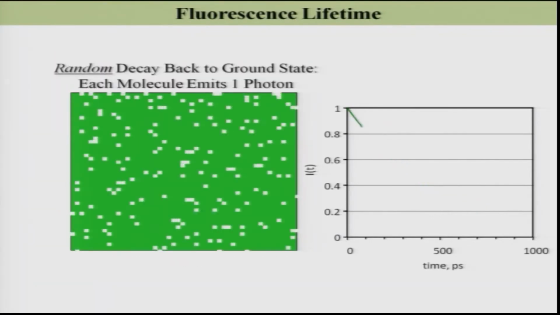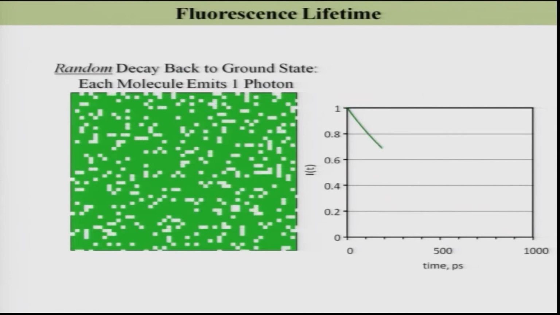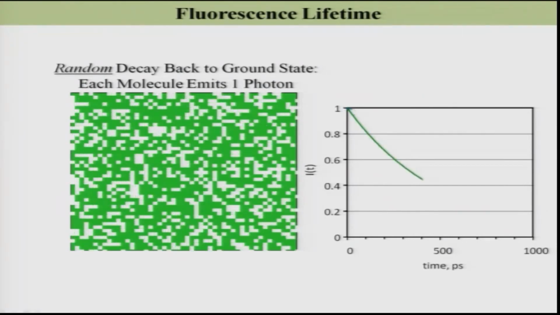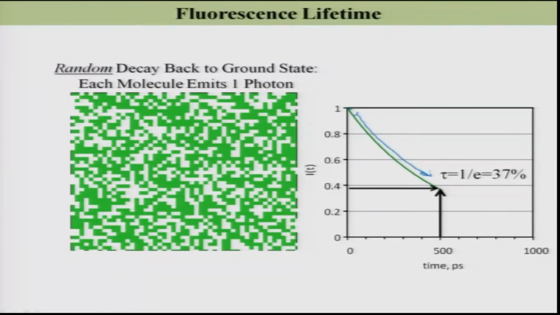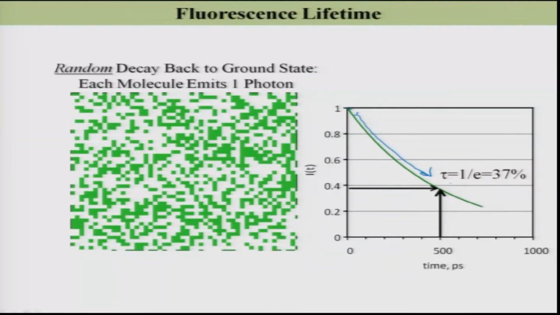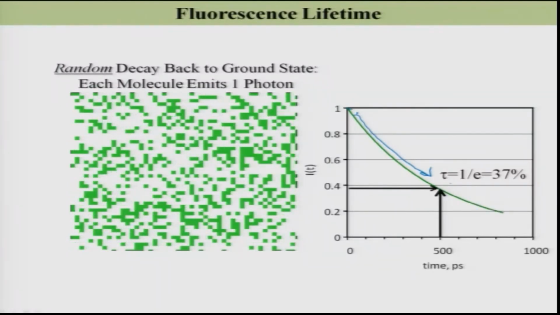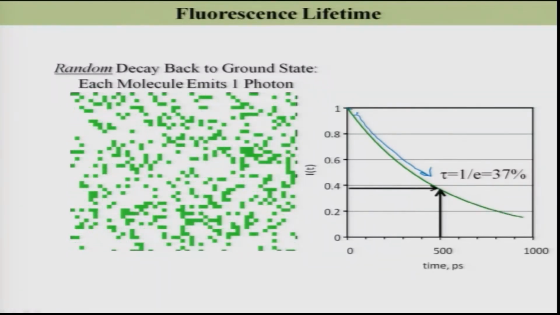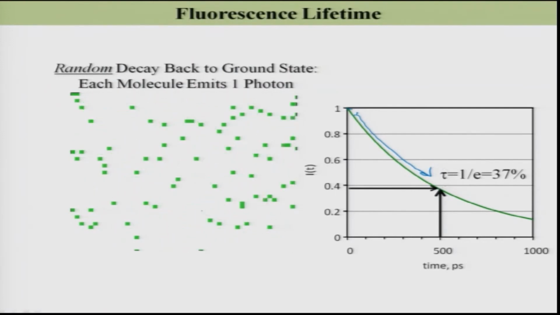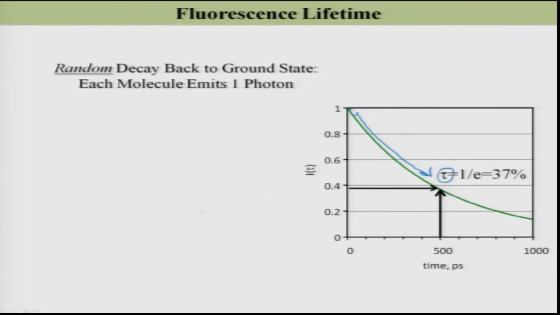Here, when all the molecules were in the excited state, the emission intensity was maximum. As time goes on, the emission intensity is decreasing, as the molecules come back from the excited state to the ground state. And I have already discussed that when this value is 37%, then we say that this time is my fluorescence lifetime of the sample.